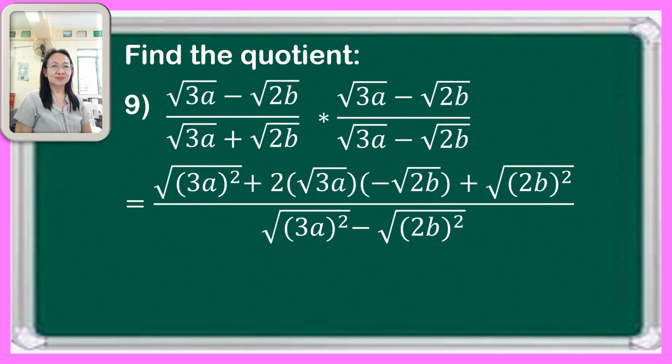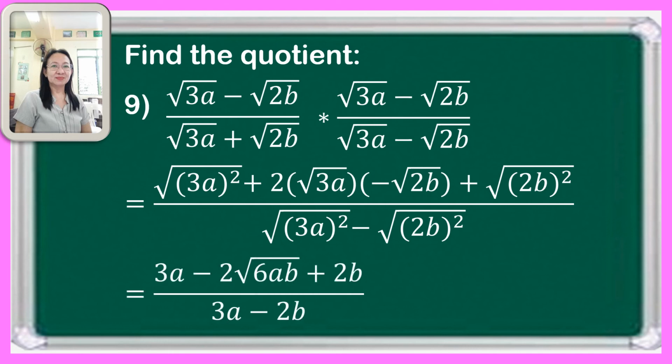In the denominator, we square the first term, the square of the square root of 3a, minus the square of the square root of 2b. So, simplifying this, we will get 3a minus 2 square root of 6ab plus 2b all over 3a minus 2b. And this is our result.